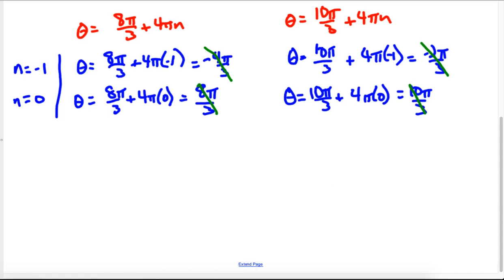In this case, we don't need to continue on, right? We found a negative lower bound and an upper bound. No answers. So that means this problem has no solutions. Okay?